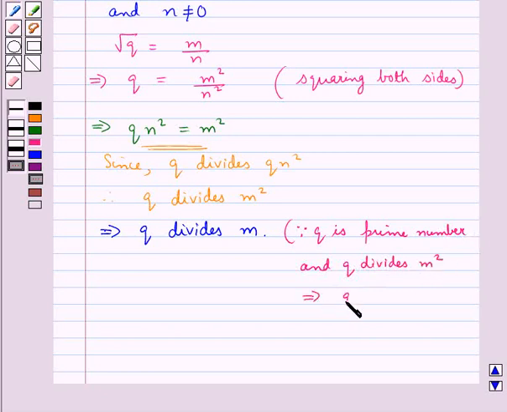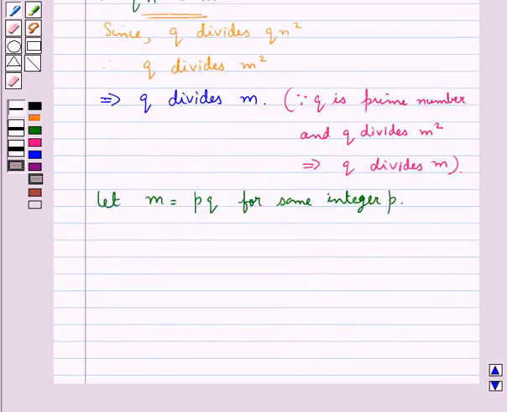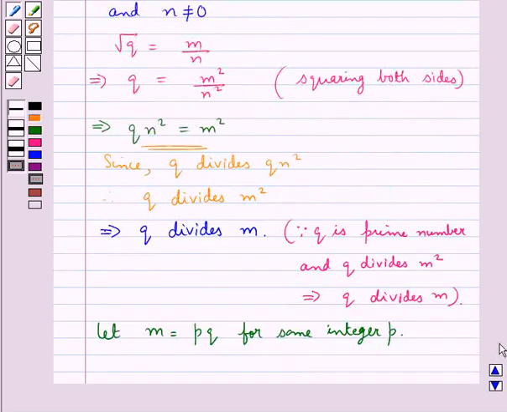So we take let m be equal to pq for some integer p. Now consider this equation, qn square is equal to m square.